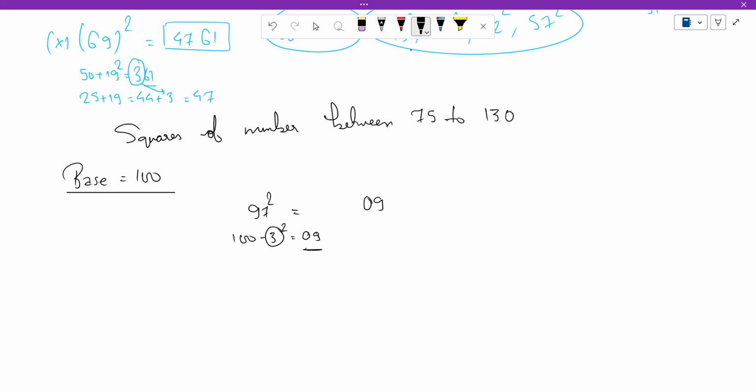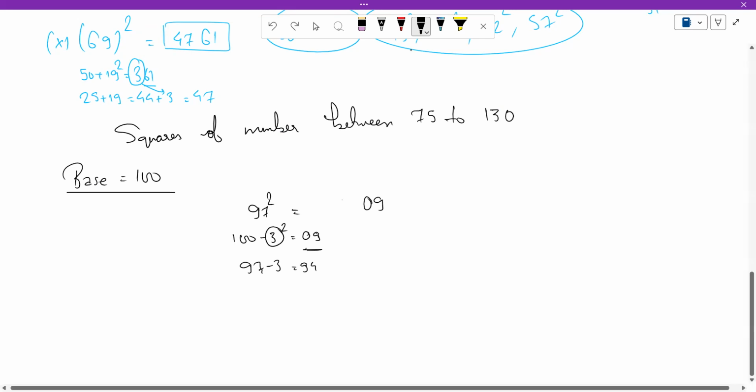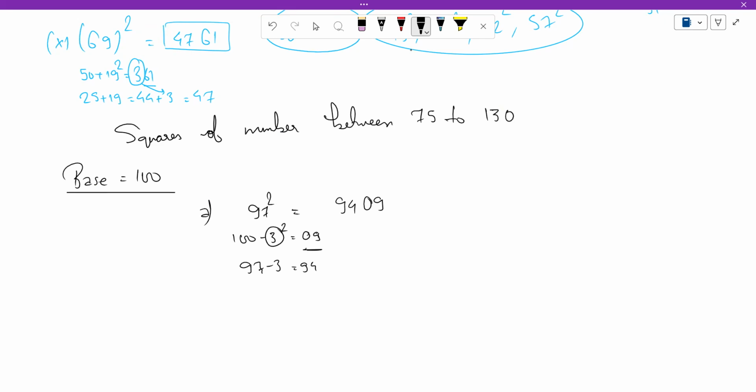And now, since it is 3 less than 100, I'll subtract 3 from 97. So 97 minus 3 equals 94. So your answer will be 9409. This is your first example. Now let's take another example.